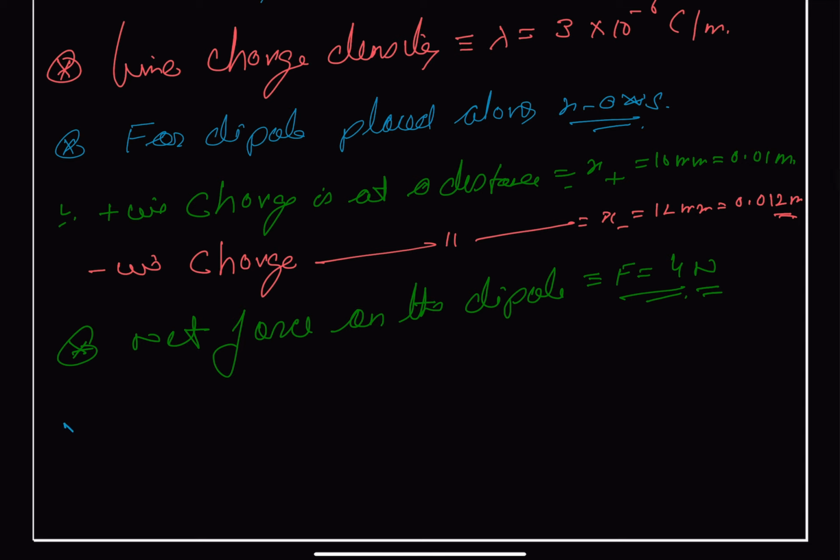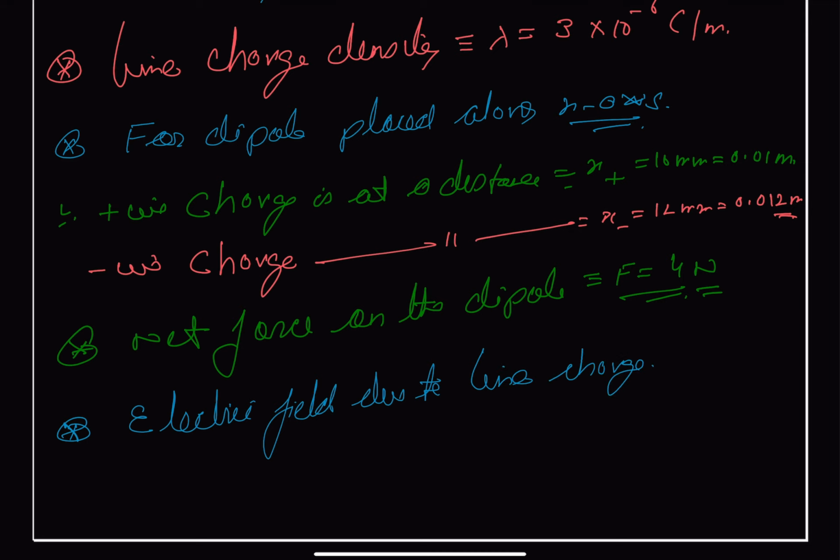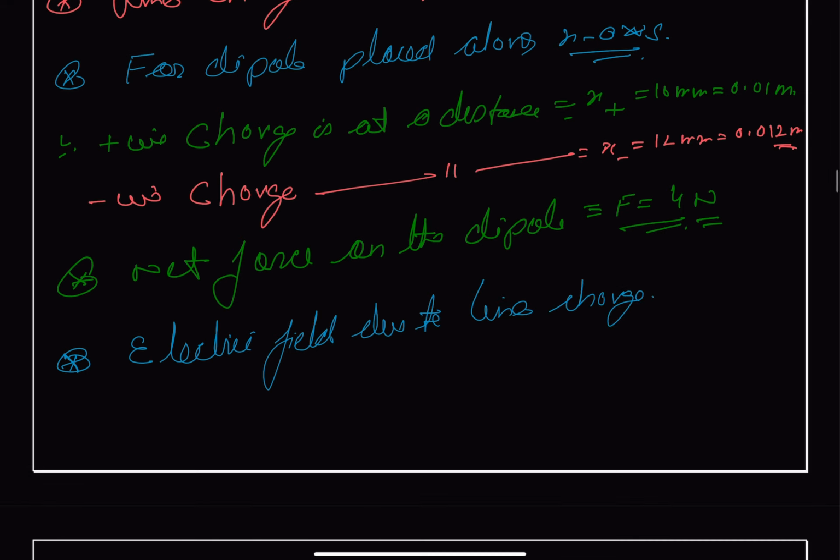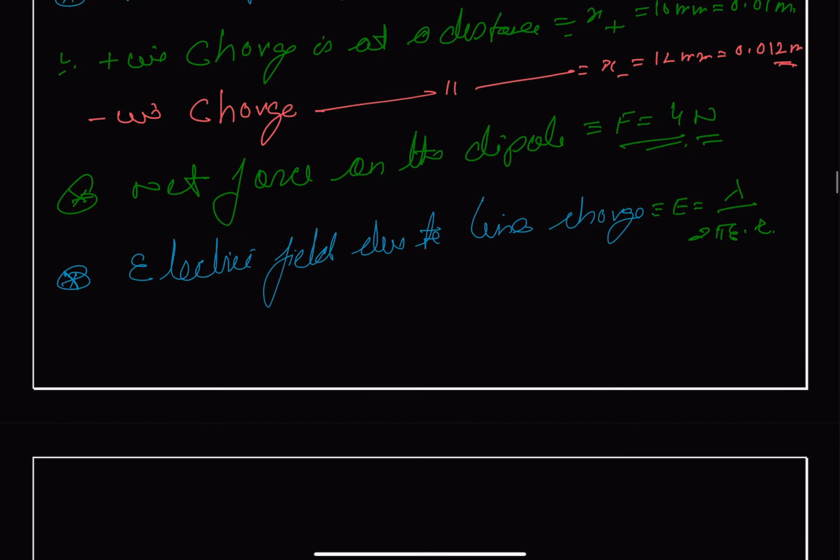So we can say the electric field due to line charge, suppose that is our E, will be equal to lambda divided by 2 epsilon naught multiplied by R. And we have two different distances, x positive and x negative.